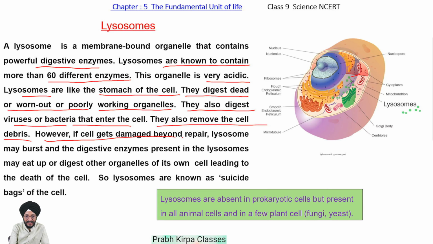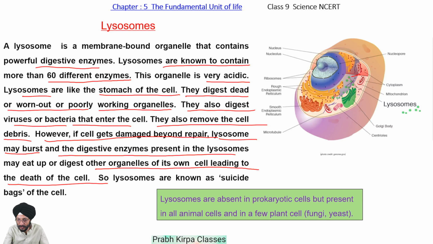However, if the cell gets damaged beyond repair, if the cell is not likely to be repaired, it has damaged extensively, what will happen? The lysosome will burst and the digestive enzymes present in the lysosomes may digest other organelles of its cell, leading to the death of the cell.